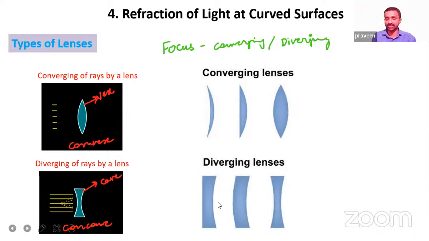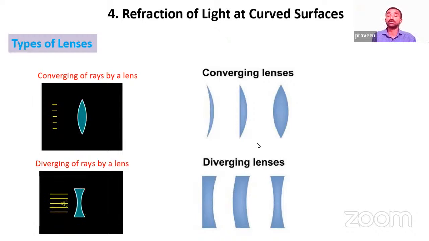Look at these lenses: plano concave lens, convexo concave lens, double concave lens, all diverging in their behavior, so they are called diverging lenses.